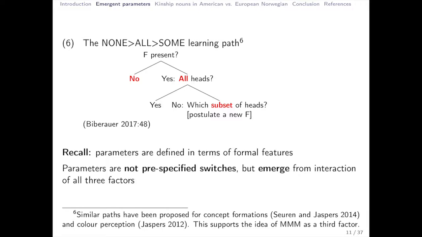For example, if we're talking about head finality, if we, for example, have a language in which only, say, focused objects will appear before the verb, then you can postulate a feature for focus to capture this distribution. Now recall that all parameters are defined in terms of formal features. It's important to keep in mind here that parameters are not pre-specified switches, but they emerge by this learning path through interaction of all of these three factors.